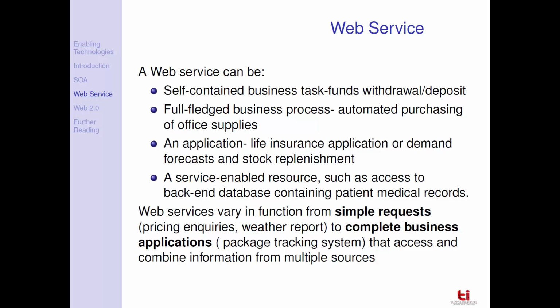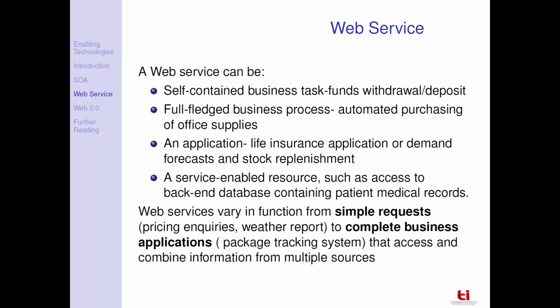So this will require invoking many other web services. So it can be done. A full-fledged business process can also be called a web service, because a web service can be a collection of many other existing web services also.